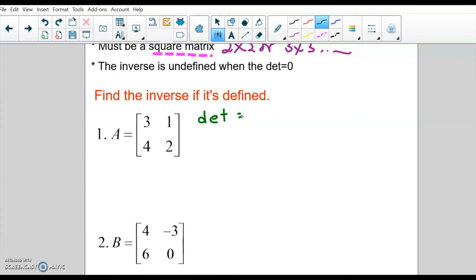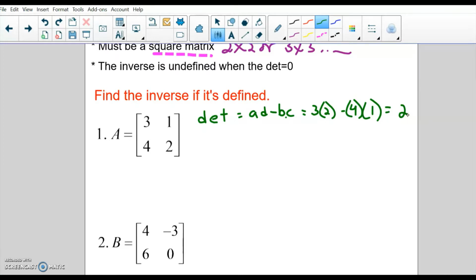The determinant is calculated by AD minus BC, so that's multiplication of A and D, and B and C. So A is 3, D is 2, minus 4, which is C, times B, which is 1. That is 6 minus 4, which is 2. So our determinant is defined, therefore we can go find its inverse.